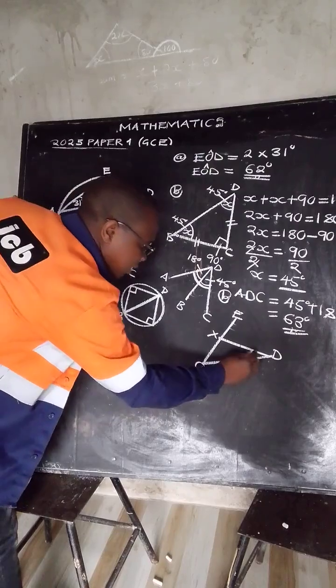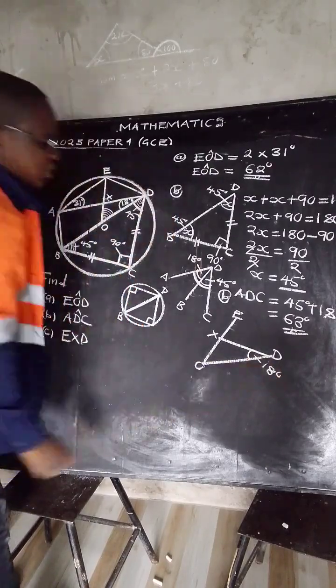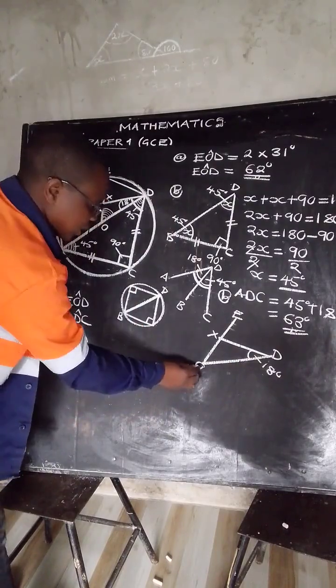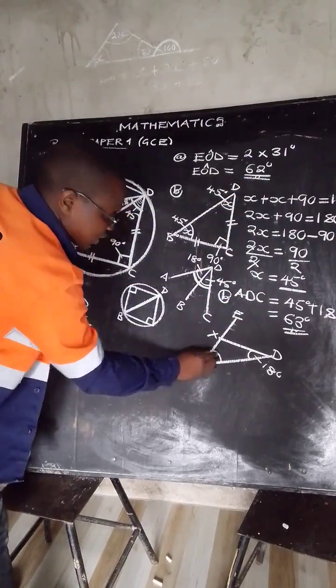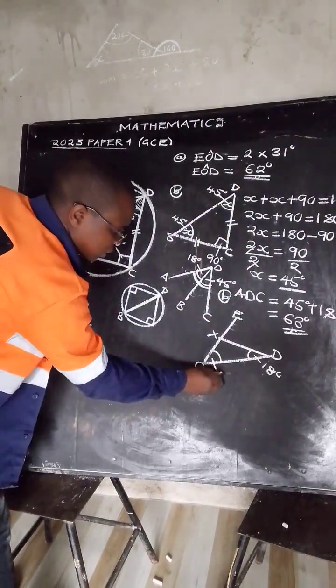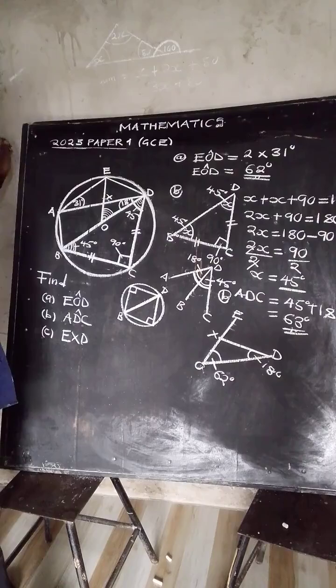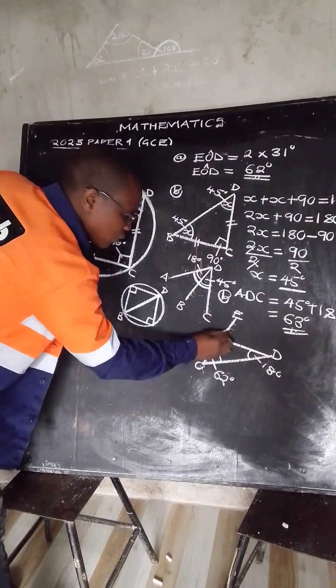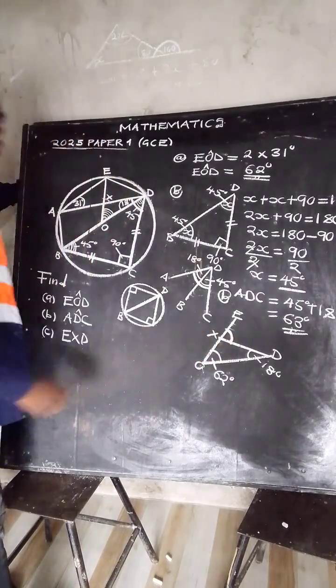Where angle DA is 18, so this angle is 18, take note. And then the angle at the center, remember, our answer was 62. So this angle is 62. And what we want is this angle. This angle is the angle they want us to find.